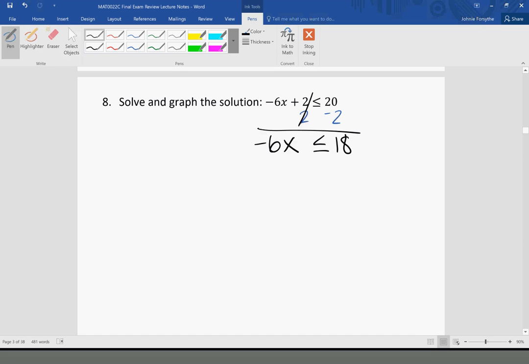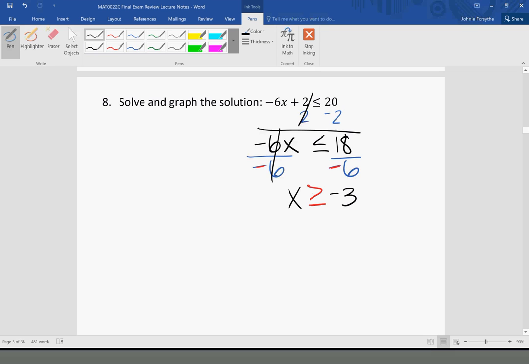Now I'm going to solve for x by dividing by negative 6. When you divide or multiply by a negative across an inequality, you have to flip your inequality sign. So that less than or equal to changes to greater than or equal to because of this negative. So I have x is greater than or equal to 18 divided by negative 6, which gives me negative 3.